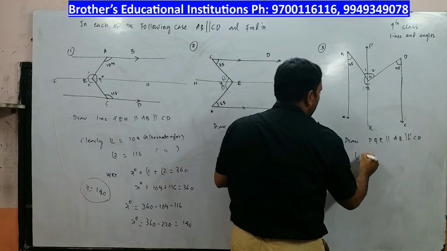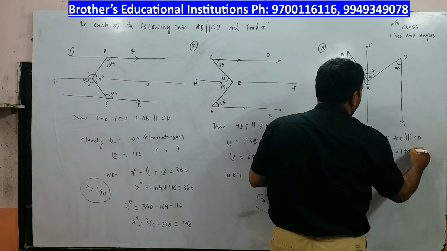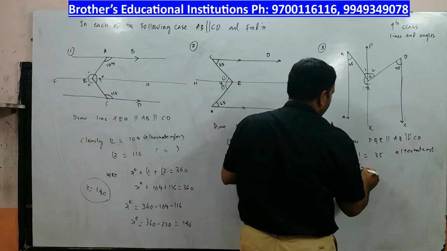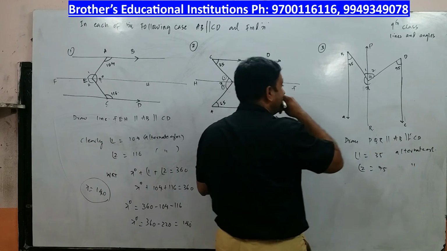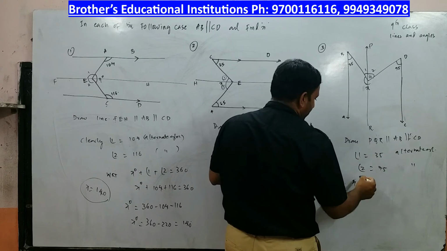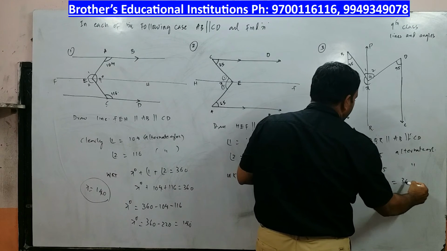Alright. Now, angle 1 is equal to 35. Once again, they are alternate angles. Angle 2 is equal to how much? 75 degrees. They are alternate angles. Now, angle X plus angle 1 plus angle 2 is equal to 360.